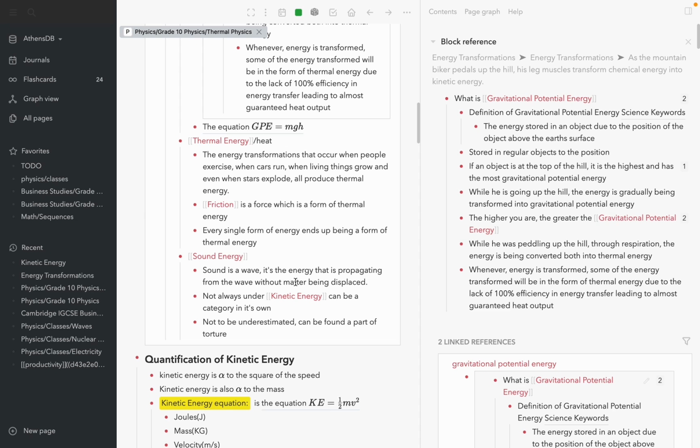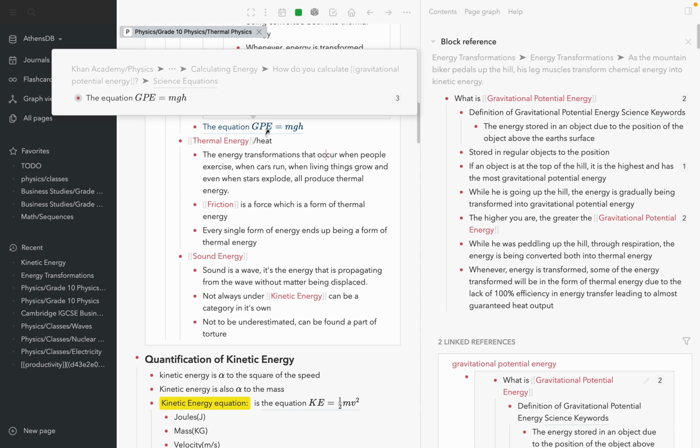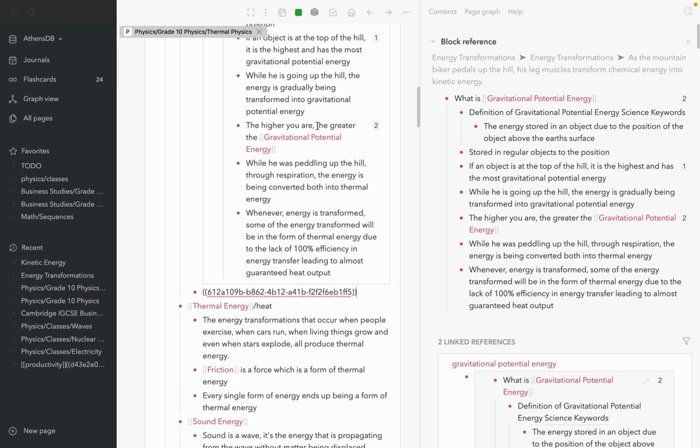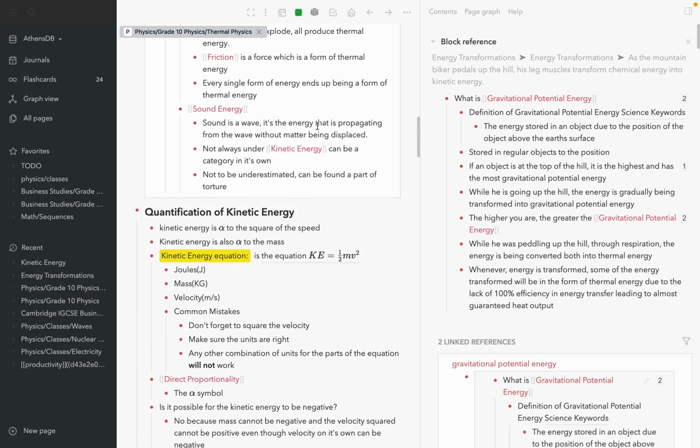As you scroll down, this is one application that I've developed specifically for myself. For each equation I mention, if it's new, I embed it under a block called science equations.